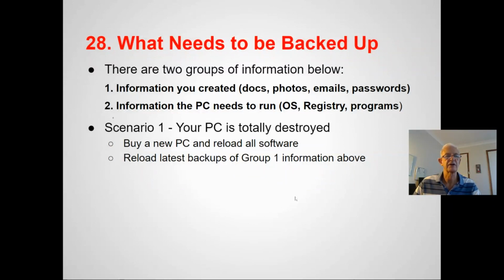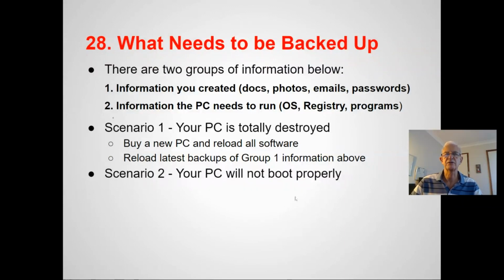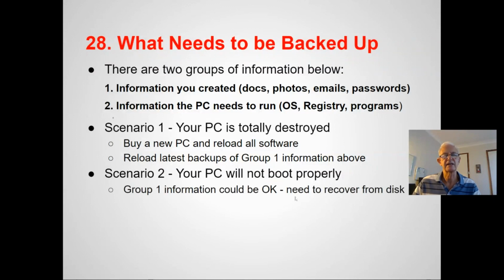Scenario two is that the PC won't boot properly that day when you go to the machine and switch it on and you get nothing, or it goes blue screen, or it can't find Windows, or whatever. That's when the machine itself can't run. And interestingly enough, the information in group one is more than likely perfectly all right.